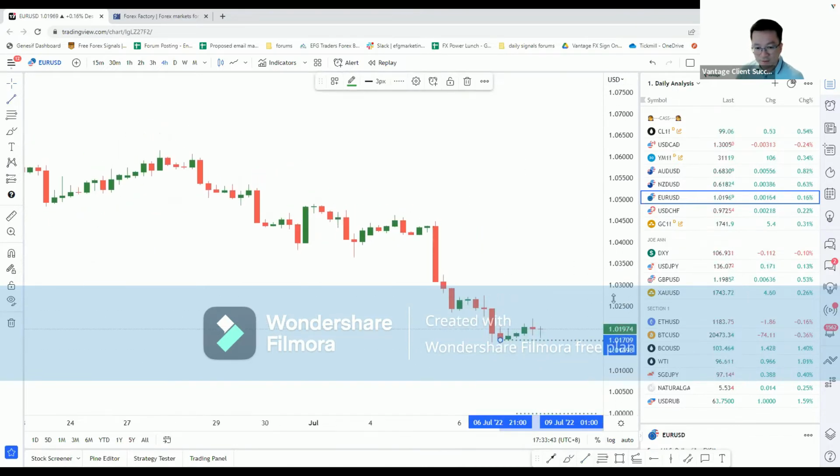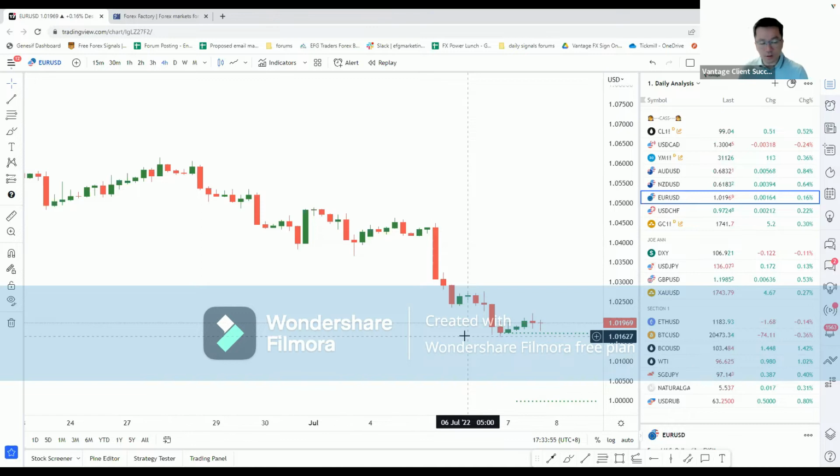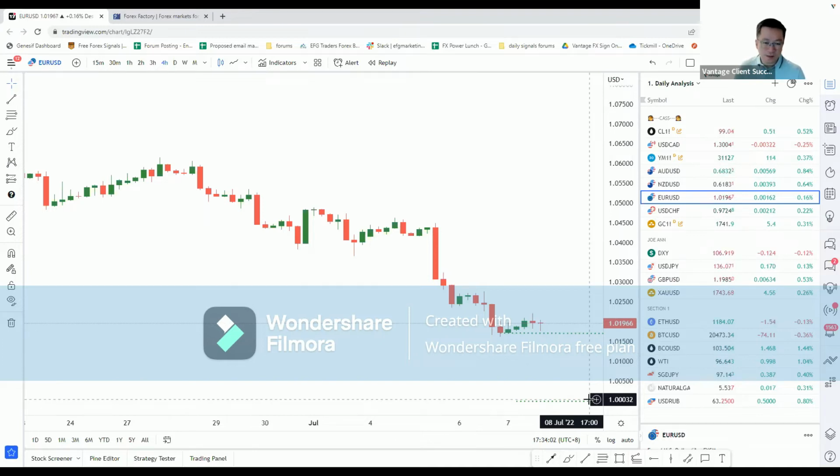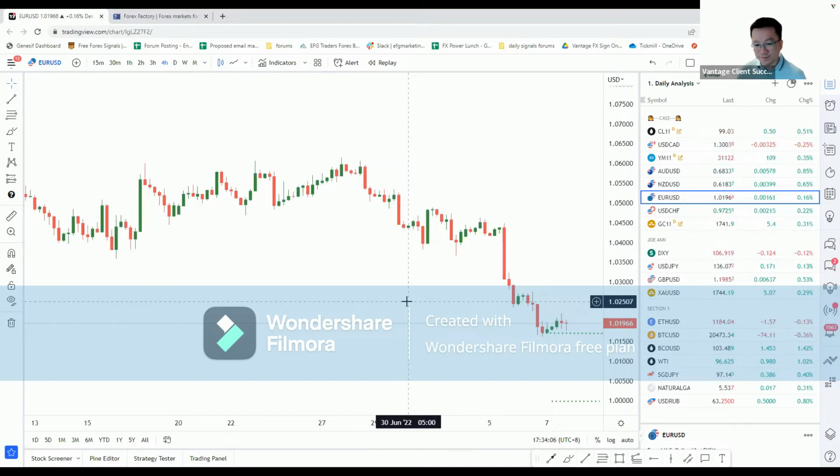I'd say that if it does break below this most recent point of 1.0170, then we could be looking at further downside on the euro dollar towards 1.00. Again, bear in mind as we approach very significant low points, this is a historic low. The last time it got there, I think, was 20-something years ago.